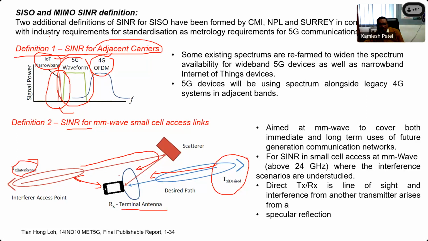So here also we need to define a different value for SINR. This definition is aimed at millimeter wave high frequency, more than 24 gigahertz, to cover both immediate and long-term uses of future generation communication networks. For example, at 24 gigahertz the interference scenario is still under study. It's not properly defined yet, but it is undergoing.